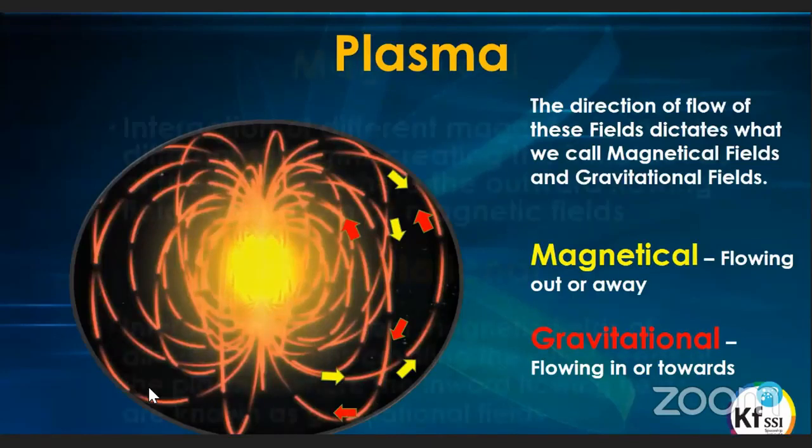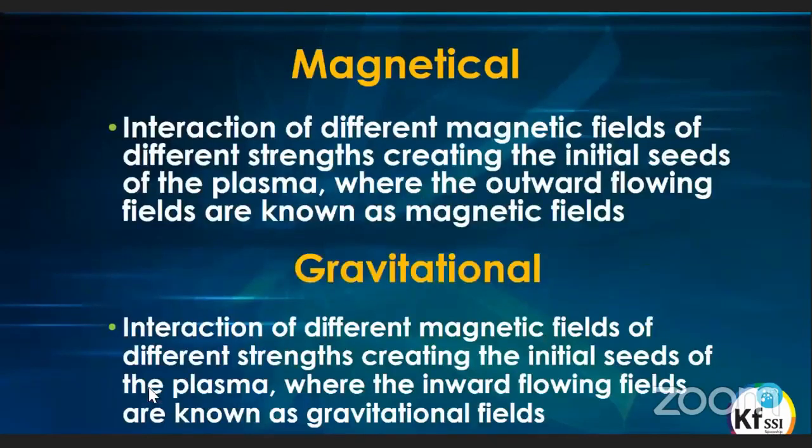And when we look at further definitions of these 2 words, magnetical can be defined as the interaction of different magnetic fields of different strengths, creating the initial seeds of the plasma, where the outward flowing fields are known as magnetic fields.